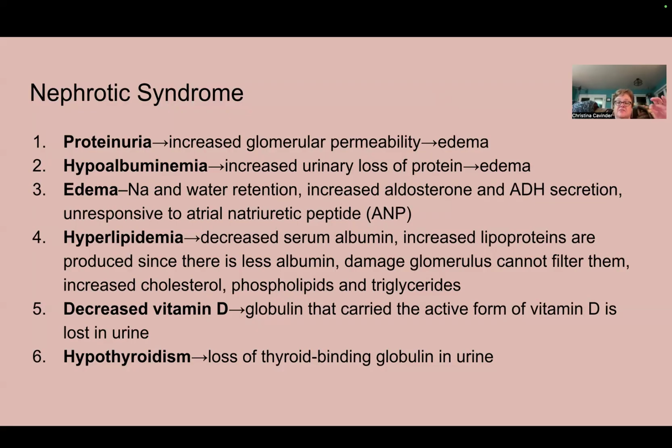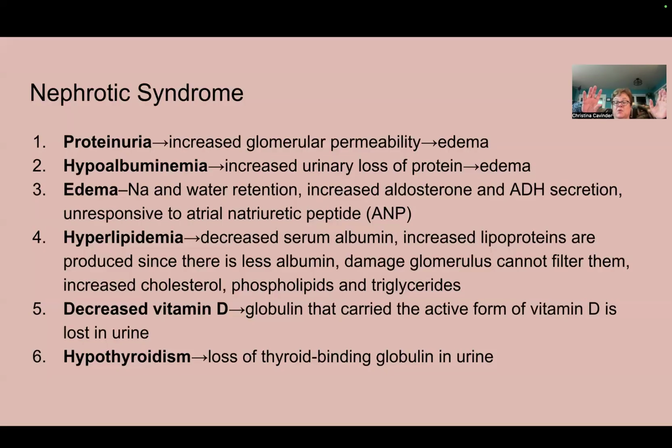In nephrotic syndrome, there's something damaged so that these proteins can now leak into the tubule or the nephron. As that protein moves, the oncotic pressure changes. So you're losing protein out into the urine. So remember, the proteins kind of maintain that oncotic pressure. So if you're moving all those proteins, what comes with it?